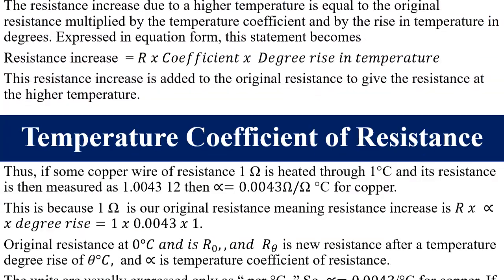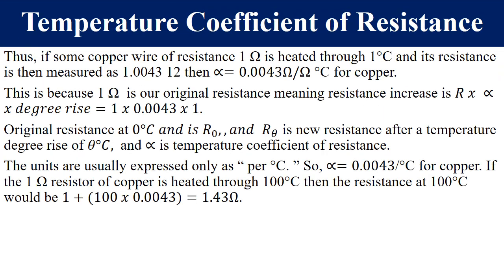We've got the following statement. Some copper wire of resistance 1 ohm is heated through 1 degree Celsius and its resistance is then measured as 1.004312. Then how do you find alpha?